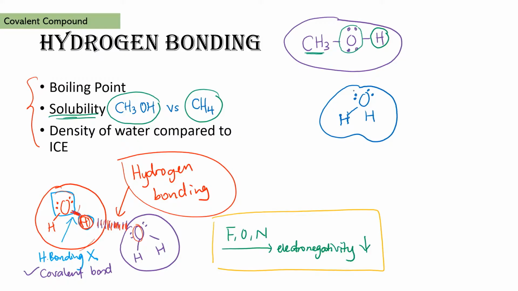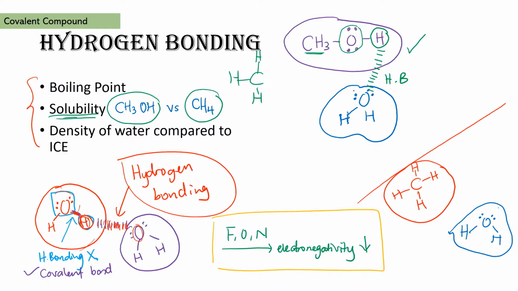Whereas this one is not the effective hydrogen, because the hydrogen is directly attached to carbon. So this hydrogen is able to form hydrogen bonding with water molecules. So in this example, methanol is able to dissolve in water.